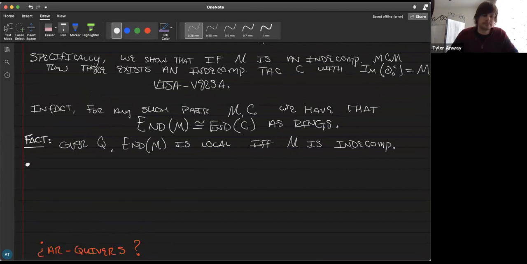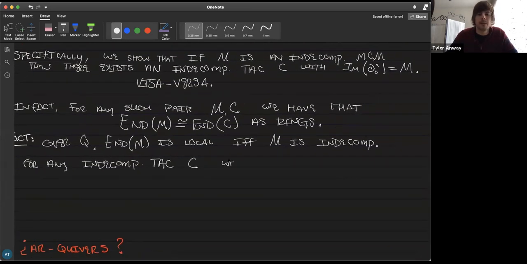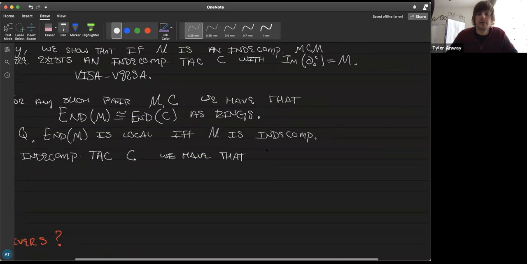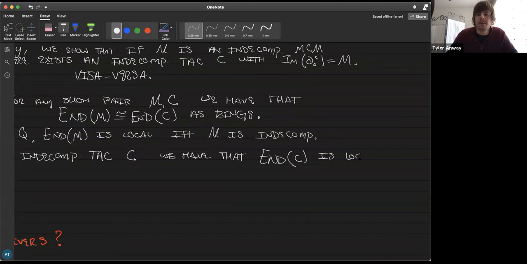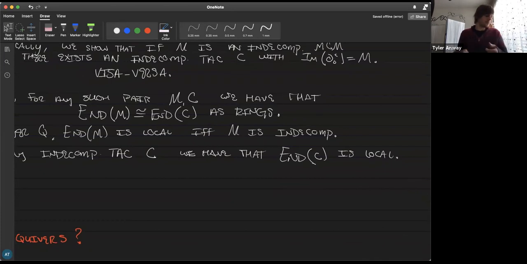And so using all of the things that I've written so far, we can state that for any indecomposable totally acyclic complex C, we have that its endomorphism ring is local. Right, so why is this important? Why am I saying this?